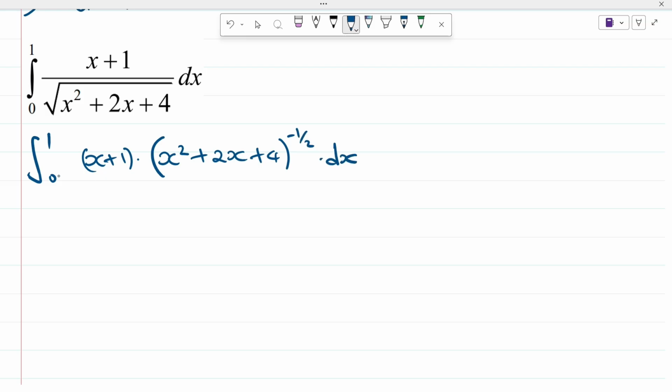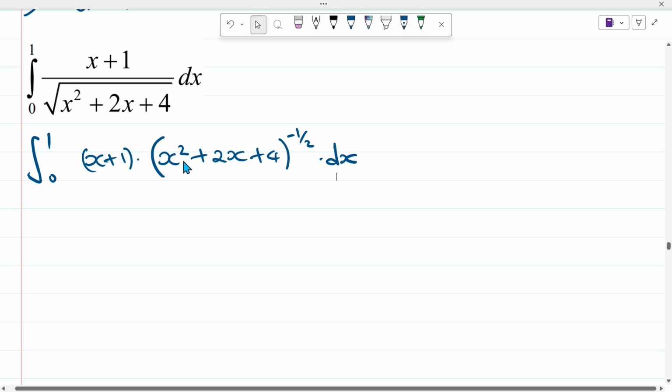Then from here you can see that if we let this be the function f of x, then the derivative of this is 2x plus 2, which is what we're supposed to have here, but we don't really have it.